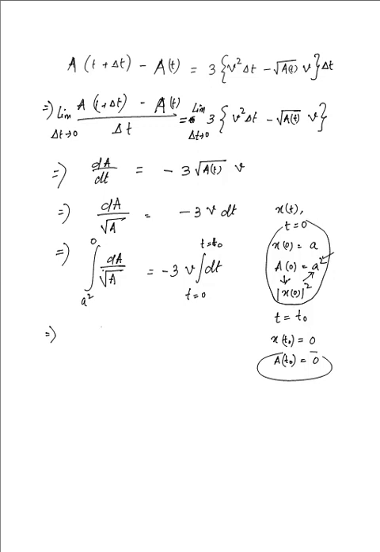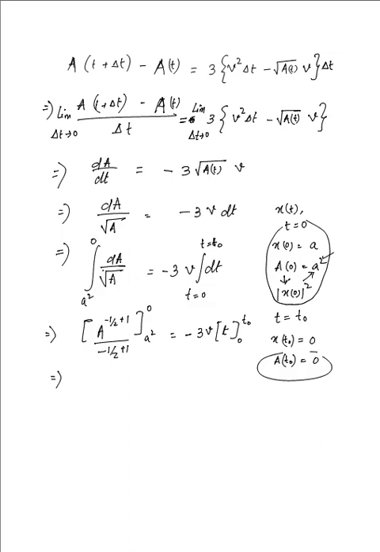So this is a to the power minus half plus 1 divided by minus half plus 1. That is how we integrate. The formulas are available to you, and this is from a squared to 0, lower limit to upper limit, and minus 3v dt is integrated, and that gives t taken from 0 to any given time t0 when they are meeting at a given point.